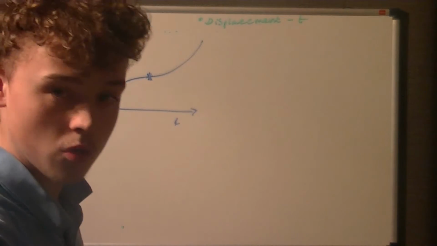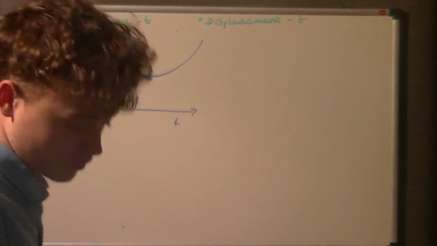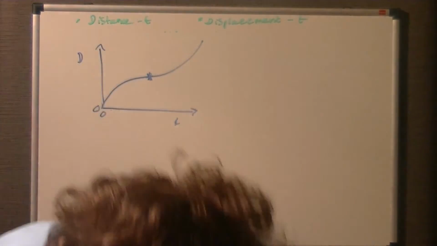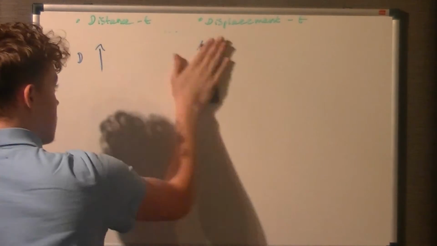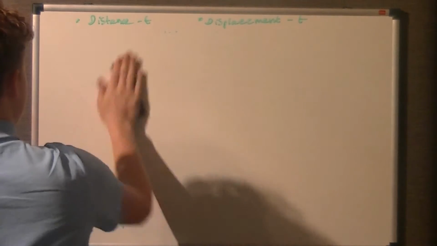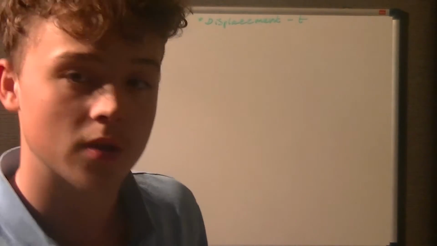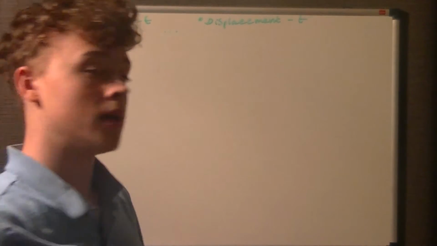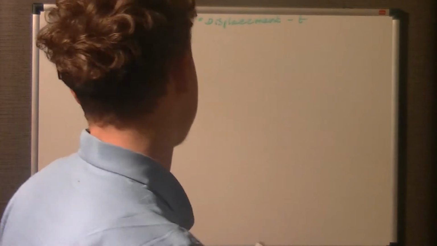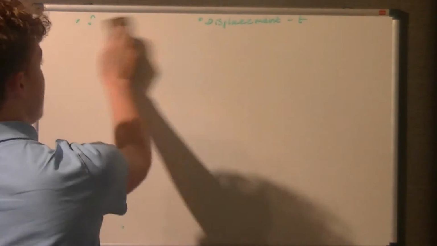So that's how we work that out. That is a distance time graph. Oh, I forgot to mention, the gradient of a distance time graph is speed, because speed equals distance over time, and that's what you get from doing the gradient of a distance time graph.